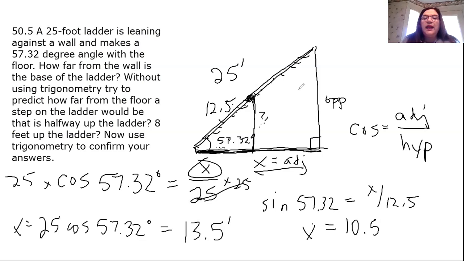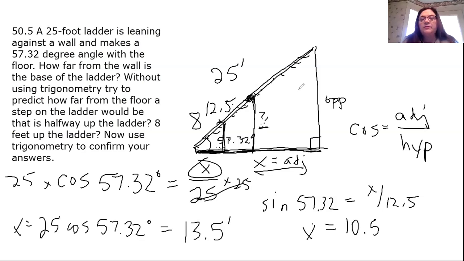So even though we went halfway up the ladder, we did not necessarily go halfway up. And the same goes if we only go 8 feet up the ladder. Our hypotenuse is changing, but where would we be then?